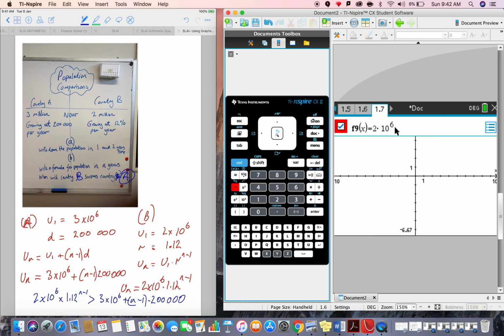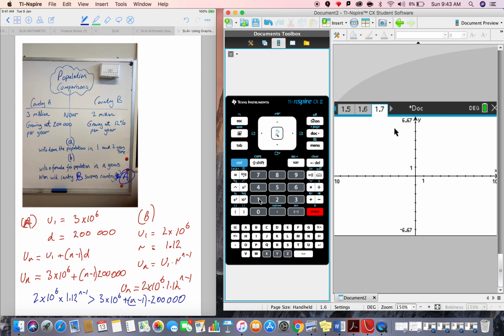Okay, things are really slowing down now. Okay, let's try it again. Times by 1.12, and that's to the power of x minus 1. Okay, that looks alright, and let's press enter.